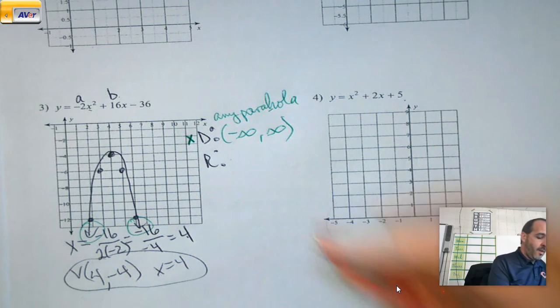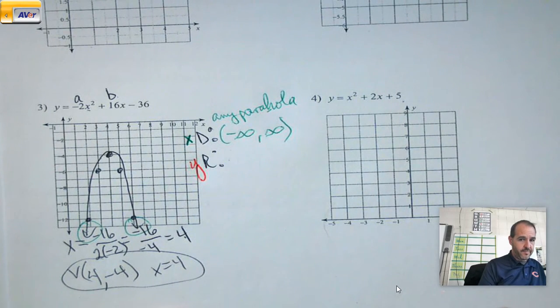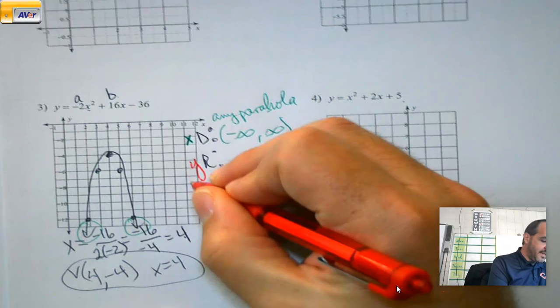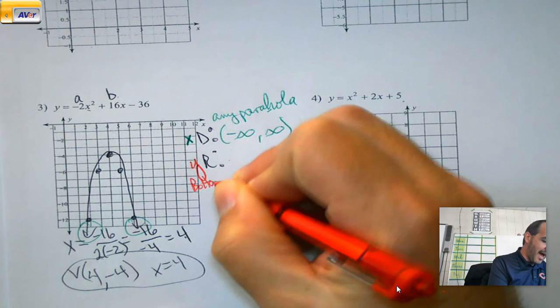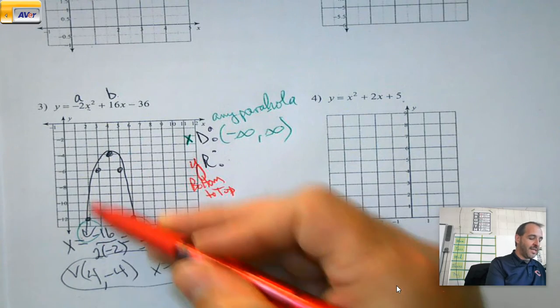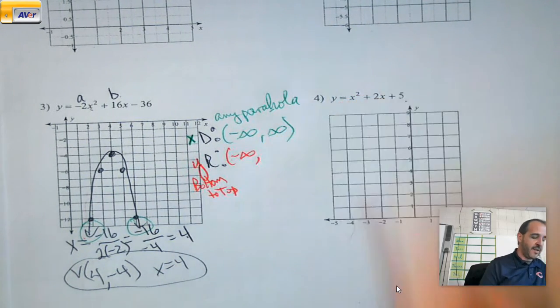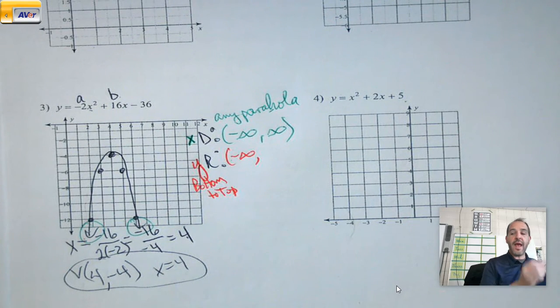Now, our range, on the other hand, is a little different. Remember, this is from bottom to top. So when I see bottom, these arrows tell me down, down, down forever, which is negative infinity. If you had a parabola opening upward, that goes up forever, so that would be positive infinity.